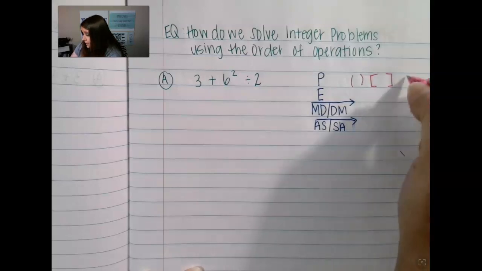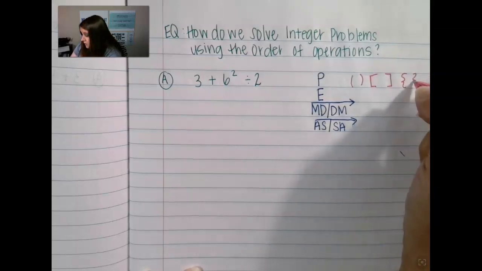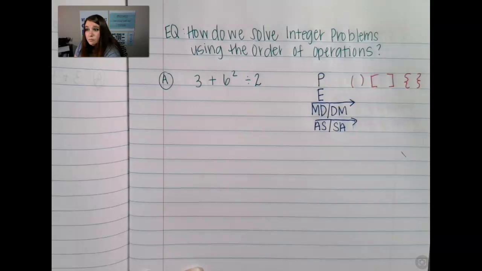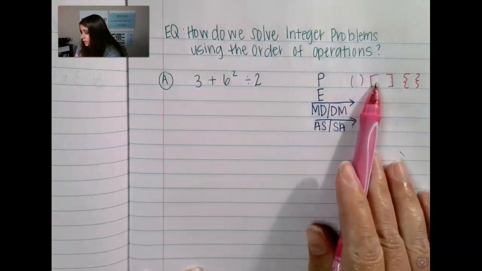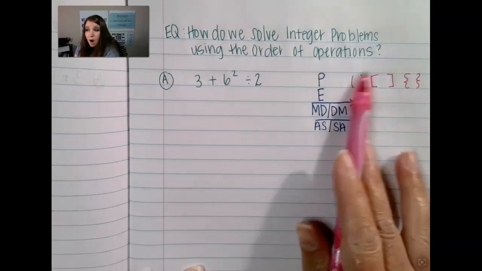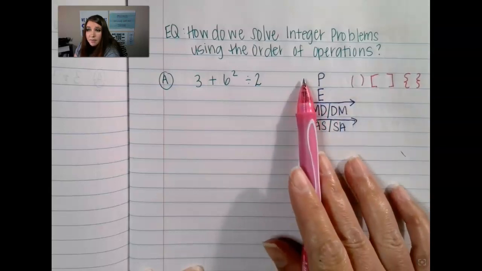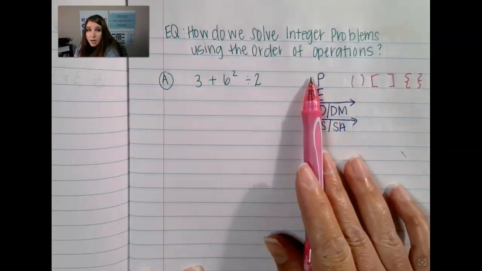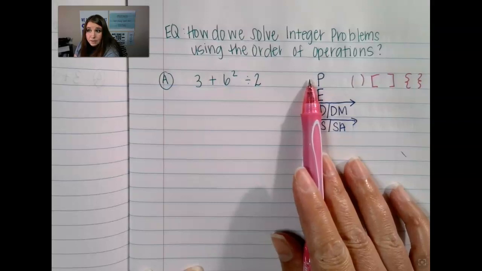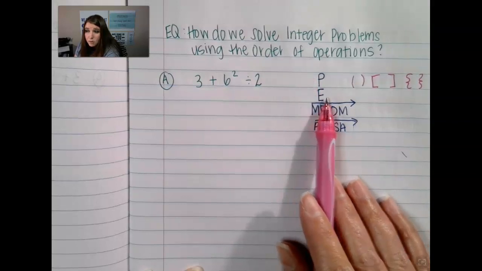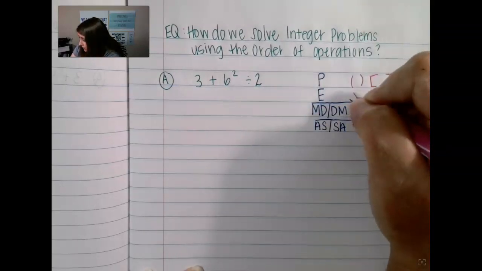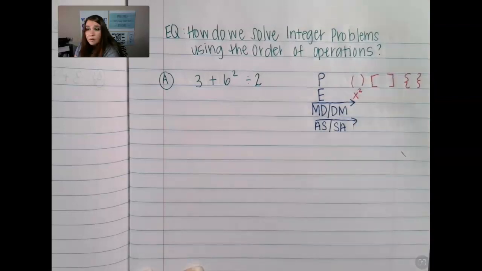Or they could be fancy brackets. All of these are considered grouping symbols. They all fall under parentheses, or if you're using GEMS, it falls under the grouping symbols. Now, exponents. Exponents look like this. You would have a number and have it to the power of something.